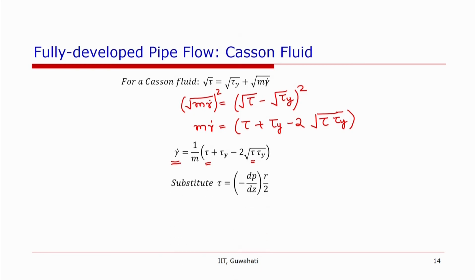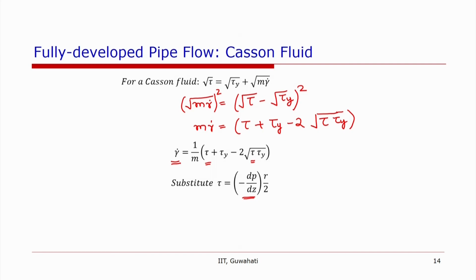Now, because our objective is to find the velocity profile, we will substitute the shear stress as a function of radius, which also includes dp by dz. In all these cases, dp by dz is a constant, so the pressure is varying linearly, or the pressure gradient is a constant.